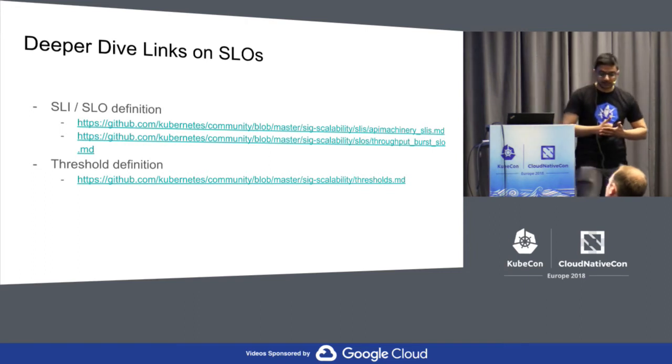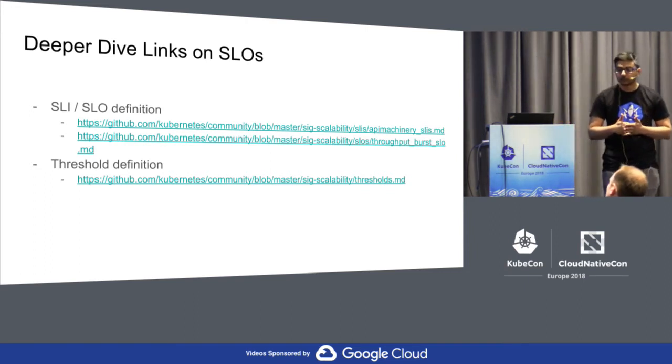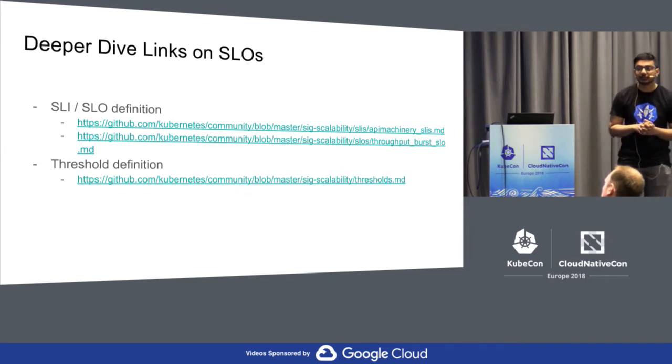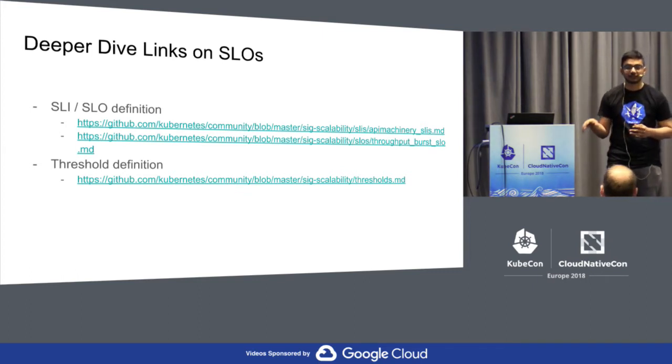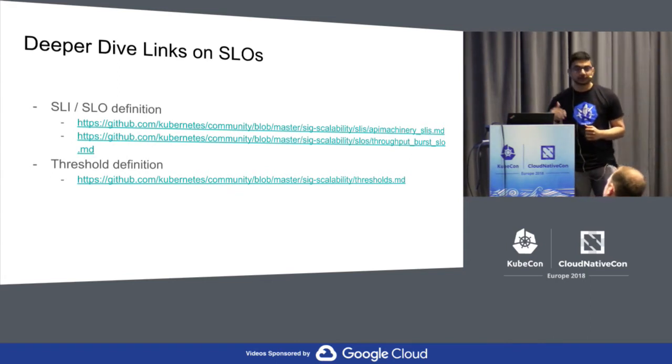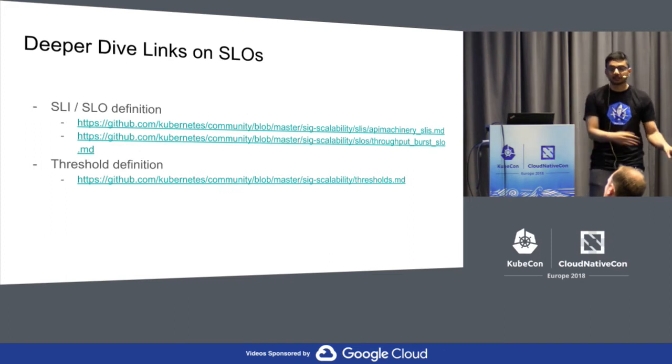In general, we realized that these SLOs are not completely informative, and in most cases are not enough, because there are some aspects of the system which are not completely covered or are left out by these SLOs. It's possible to have scenarios where the SLOs are kept up, but still there's something really bad going on in the cluster.